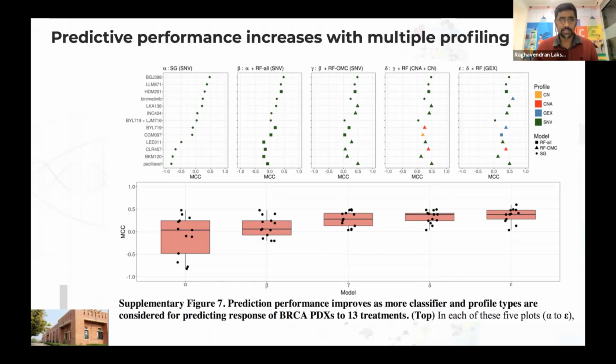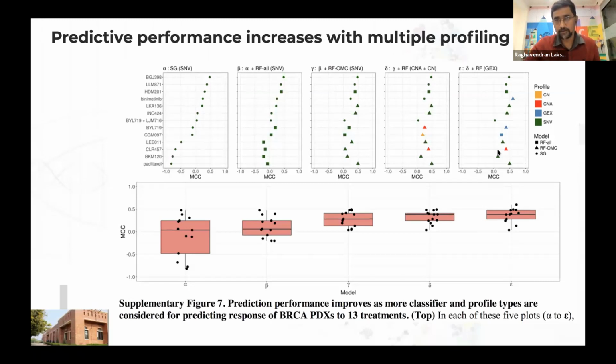So when the machine learning model was used to predict on single gene markers, you see the accuracy is not very great. It's actually very bad. When multi-gene models were introduced in place of single gene models, the accuracy improved, and the accuracy level can further be improved by including more than one molecular profile, like gene mutation data combined with gene expression data combined with copy number variation data, which improves the accuracy tremendously.